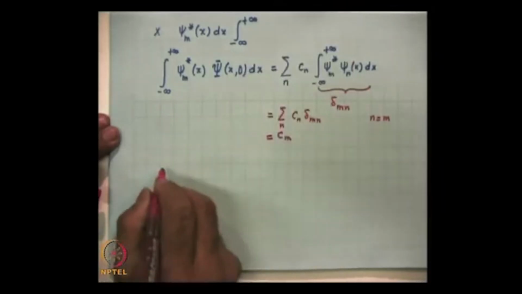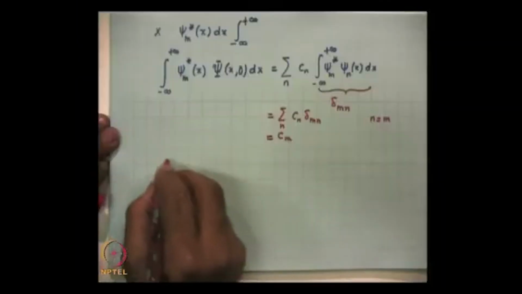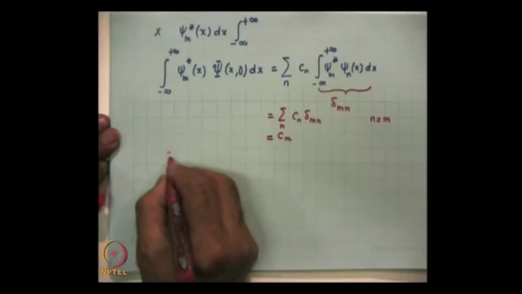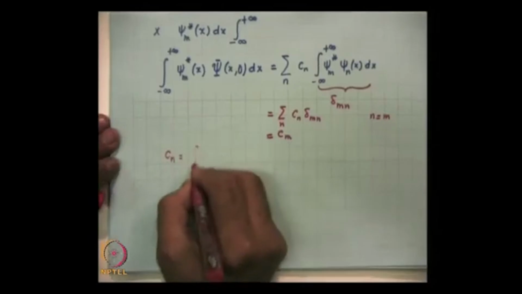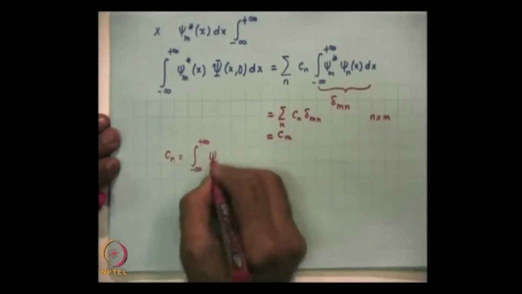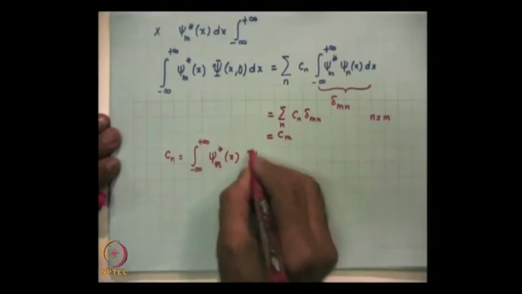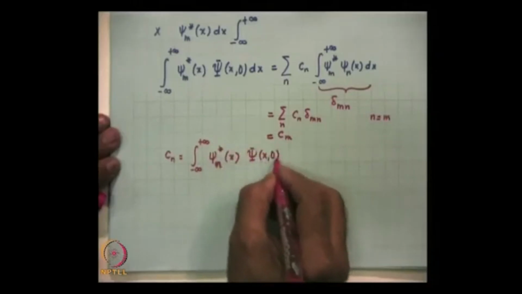C of m will be given by this, and so once I know C of m, I know that C of n is equal to the integral from minus infinity to plus infinity of psi n star of x psi of x comma 0 dx.